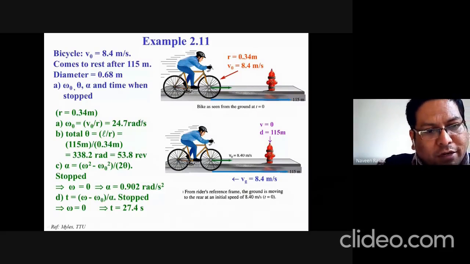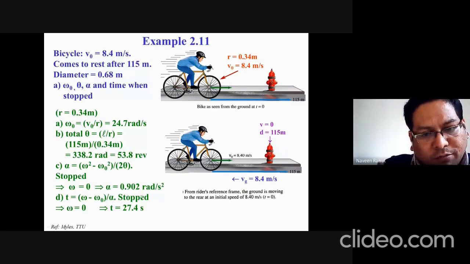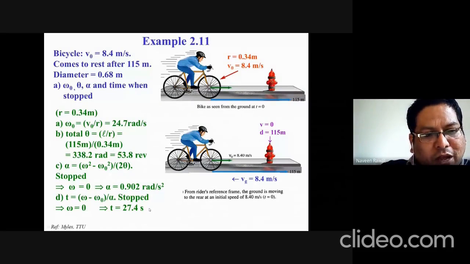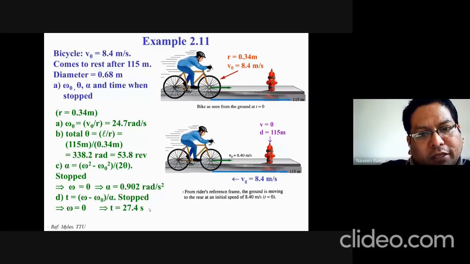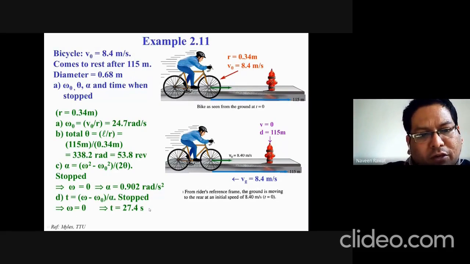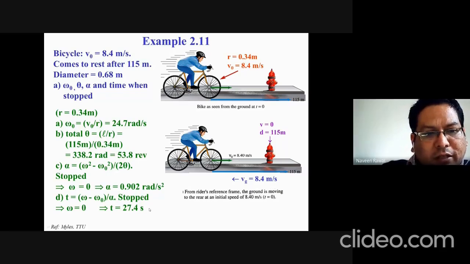Okay, and later I would like you to try to solve this and confirm these values. So that's a simple application of what you have here as an object that is doing rotation as well as translation, and we can use some kinematics equations and this important relationship of v equals omega r to solve a problem like this.